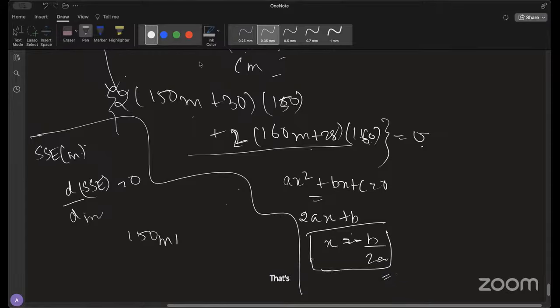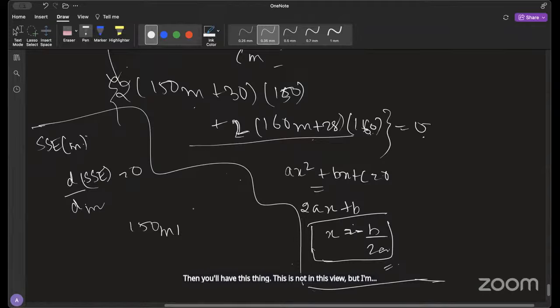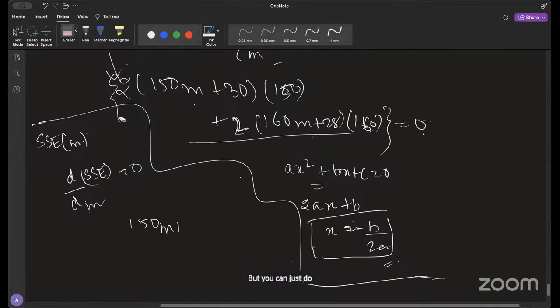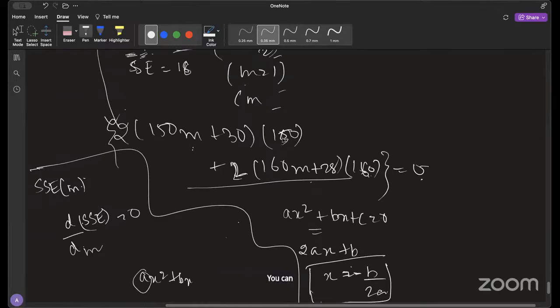That's why I was telling you, this is in the parabolas thing. When you solve this entire thing, it will be a parabola equation, right? So it will look like this. The coefficient of m is going to be positive. You can test it now.